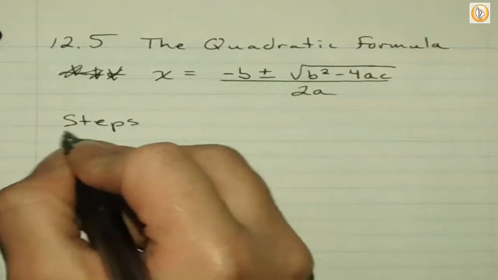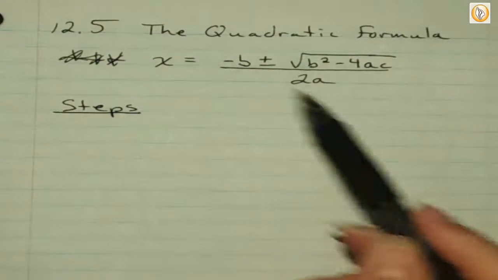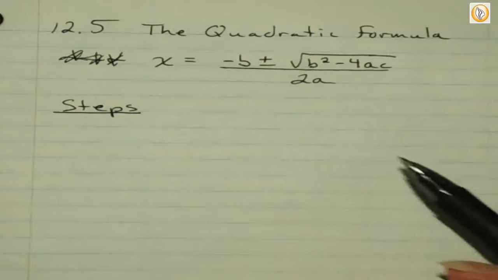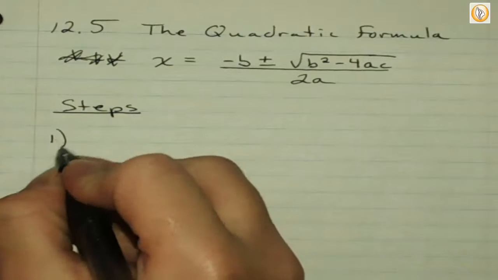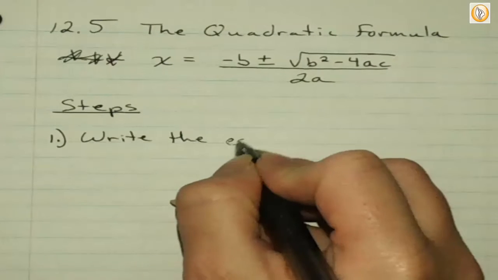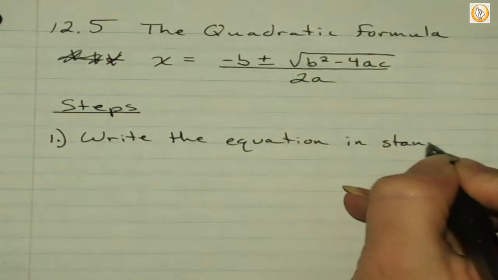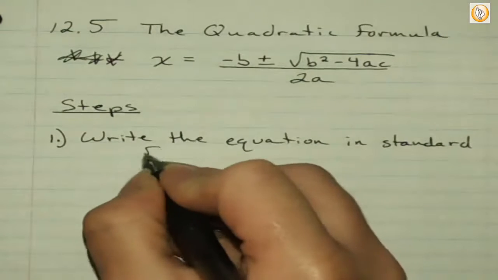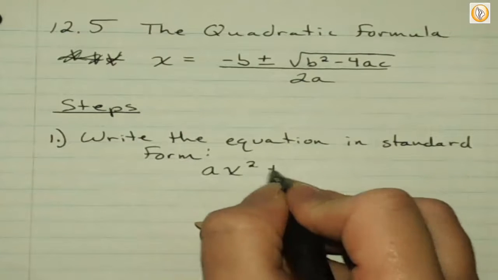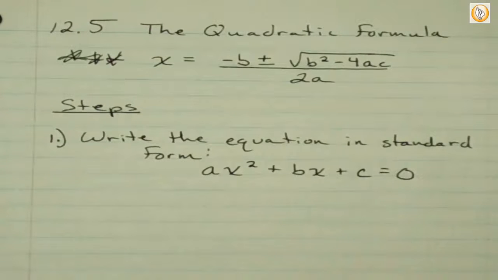Here are the steps. And again, people will tell you the quadratic formula, have it memorized. You can't go wrong with it unless you write it wrong or you do some math wrong. Step 1: write the equation in standard form, ax squared plus bx plus c equals 0.